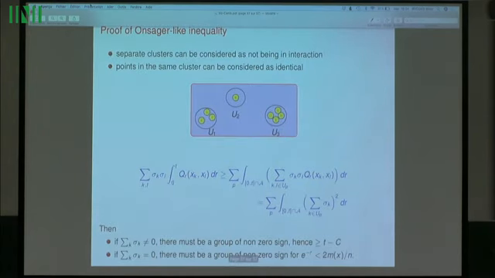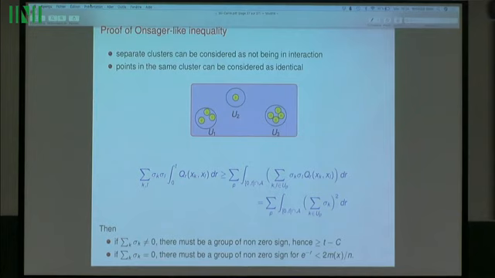Now you have your configuration in separate clusters. More or less you can justify the following approximation: you can consider that separate clusters do not interact, and particles in the same cluster are considered to be the same.